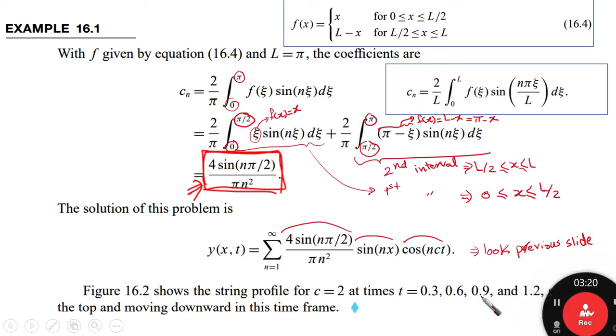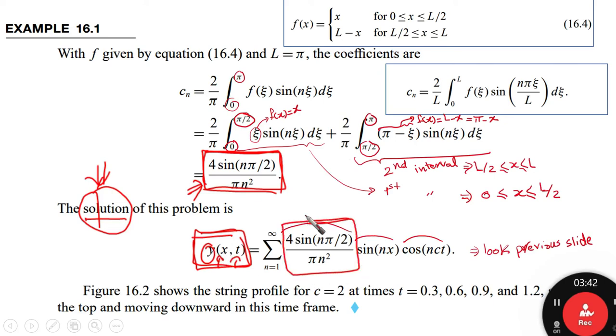So the solution of this problem, again, what is the meaning of the solution? It means that the wave equation that we are going to use, y of x and t, of this wave, is going to be described by putting this coefficient here, sine n pi over 2 over pi n squared, times sine nx cosine nct, right?